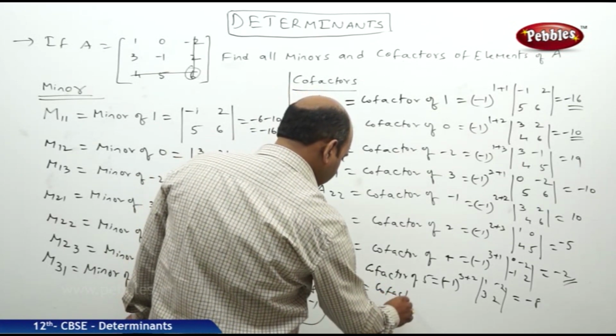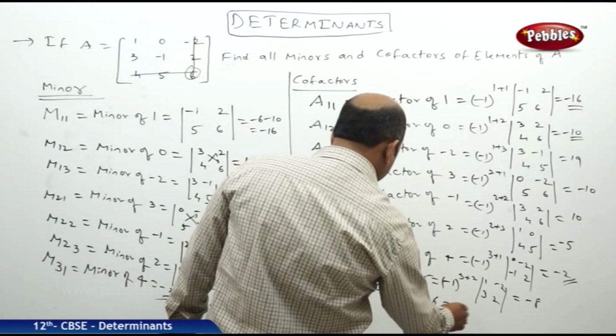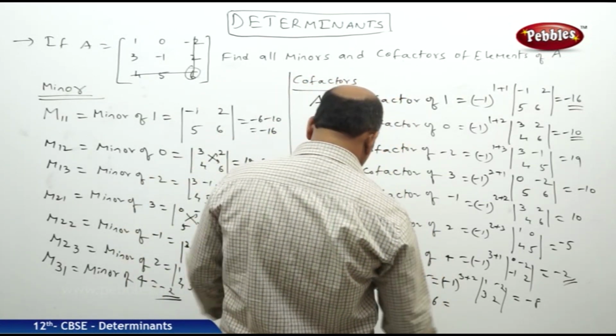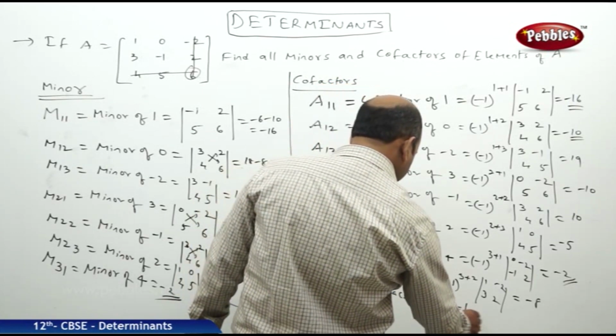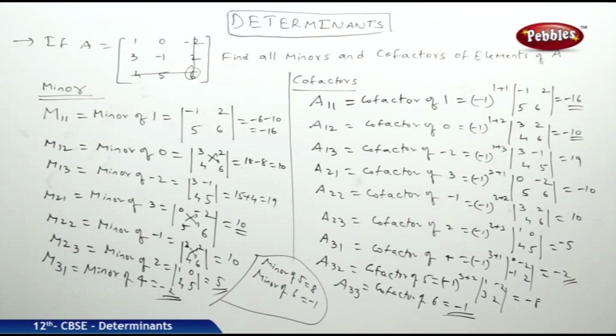A33, that means cofactor of that 6 is equal to minus 1 power 3 plus 3. It is always positive. So directly I can write this as minus 1. So I think you copy carefully. This is about minor and cofactors of elements, right?